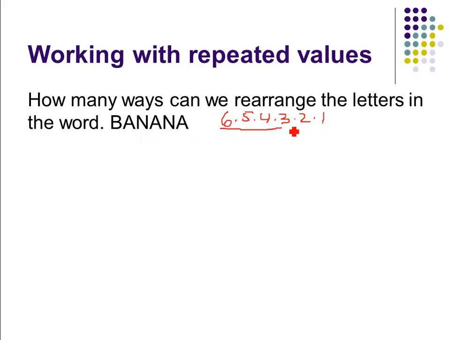So what happens here is I have to divide out all different ways I can rearrange the A's. Well, I've got 3 choices for the first A, 2 choices for the next, and then 1 for the last. And I've also got 2 N's. So I got 2 choices where the N happens, and then 1 choice for the other one.